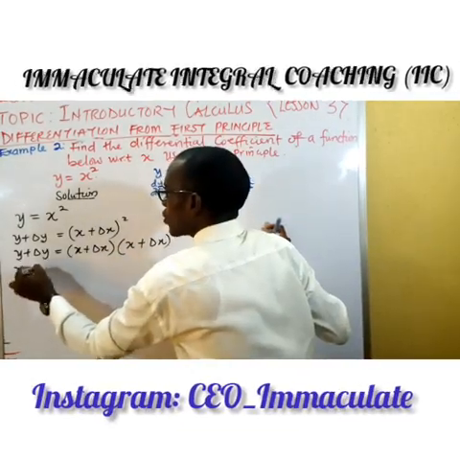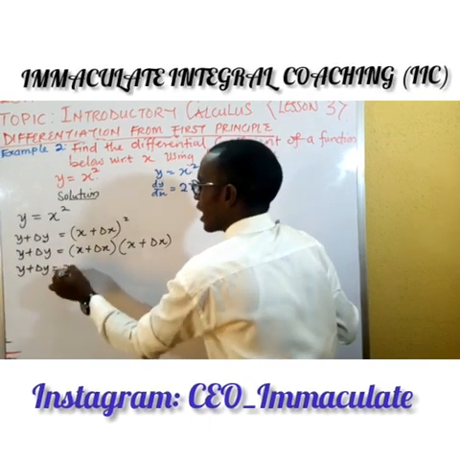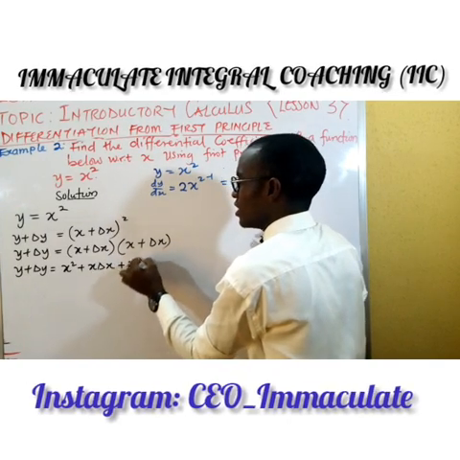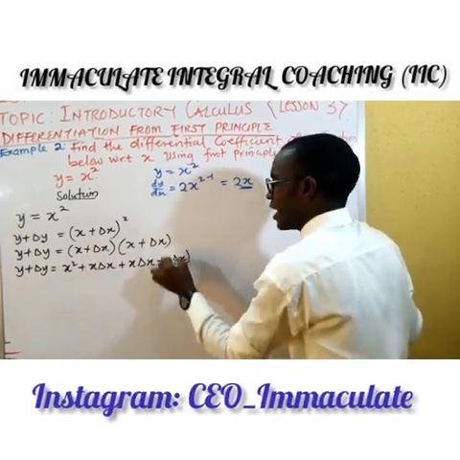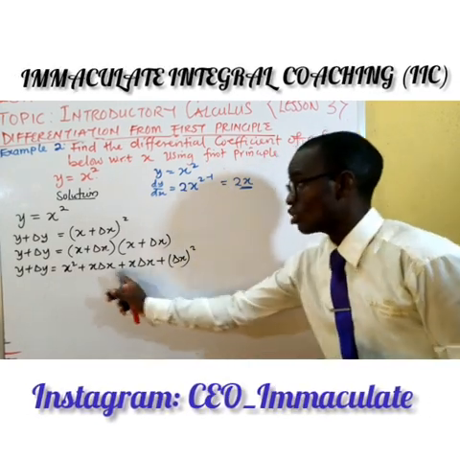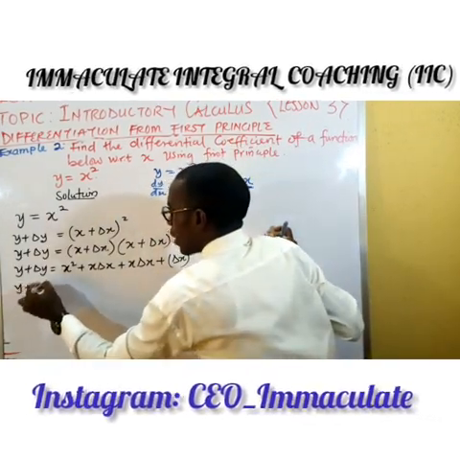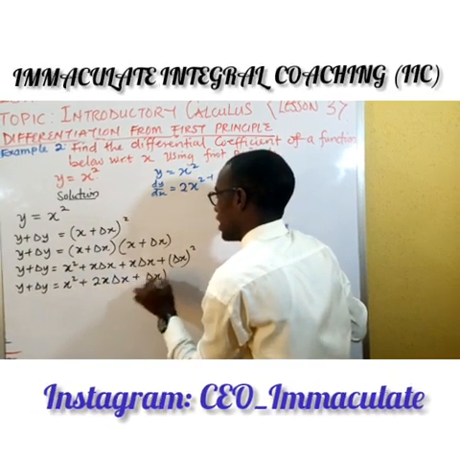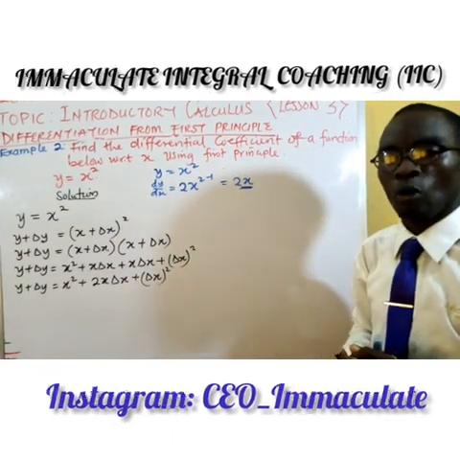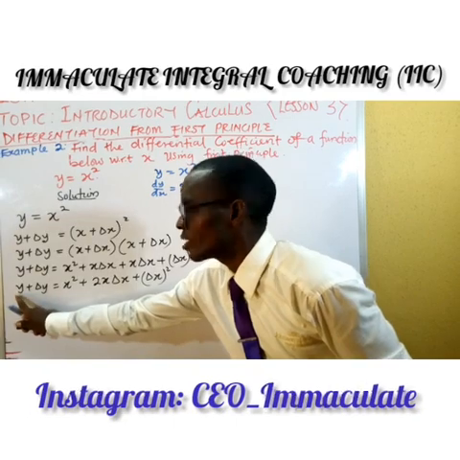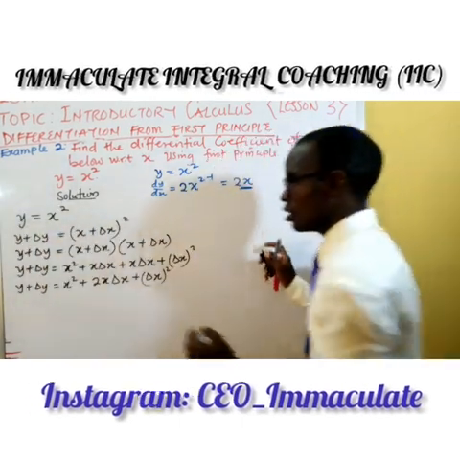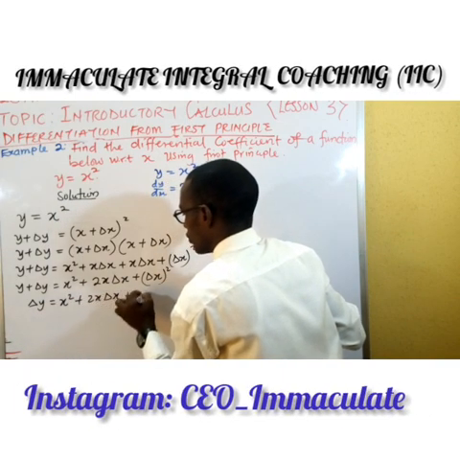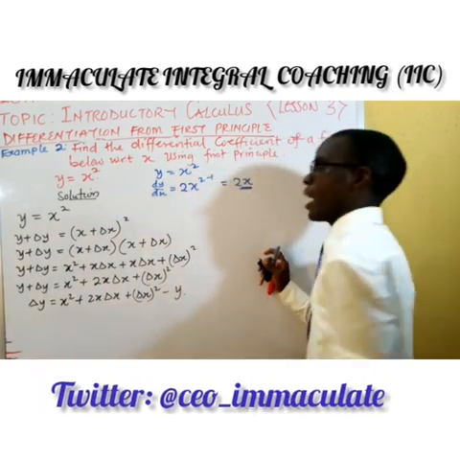So y plus δy equals x times x, x squared, plus x δx, δx times this, plus x δx, plus δx squared. So let's tidy this up. y plus δy equals x squared plus 2x δx plus δx squared. What's the next thing? We have to take our y to the other side. So it will now be δy equals x squared plus 2x δx plus δx all squared minus y.